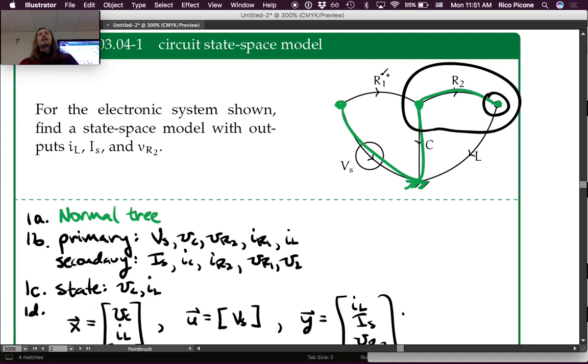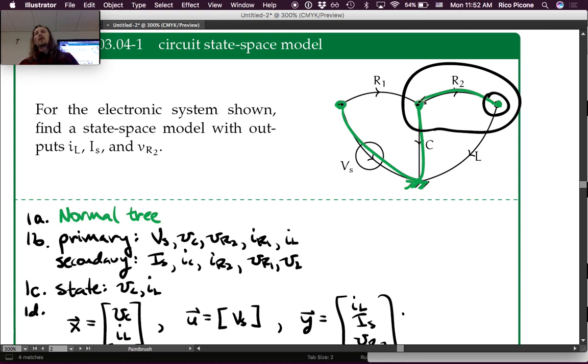So, and we'll do the R1 loop first. So if we include R1, we create this loop here, right? So we could just start anywhere, go around the loop, add them up, equals 0, and solve for VR1. Or we could think of it like a vector, where VR1 goes from this node to this node. So it must equal the vector that goes from this node to the same node, if following the direction of the arrows, right?